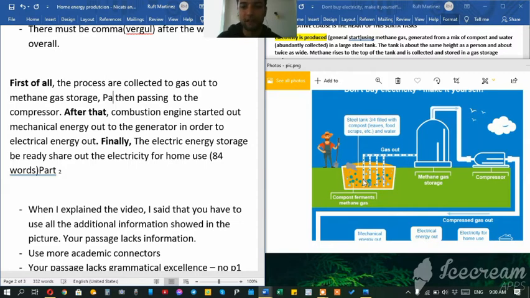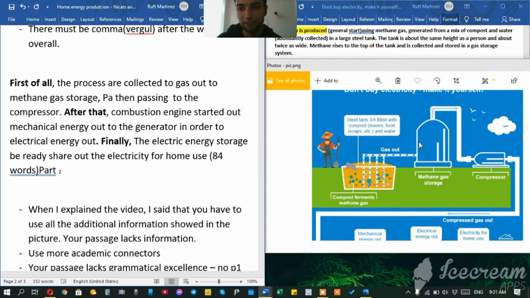All right, I haven't finished it yet. This is how we said methane gas is created. Now I could see methane rises to the top of the tank and is collected and stored in a gas storage system, or you could just say gas storage.